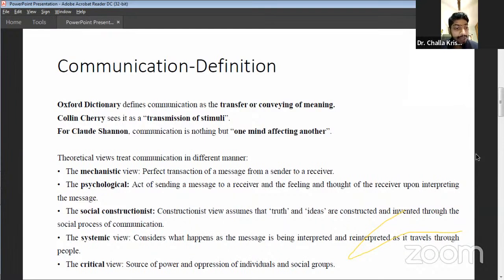And then comes the critical view. The critical view is basically about the source of power and oppression of individuals. It talks about communication as a source of power for people who are oppressed. Mass communication is actually for the people who are oppressed and discriminated against, to give them upliftment through knowledge.